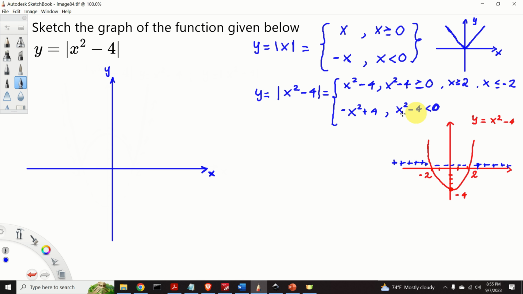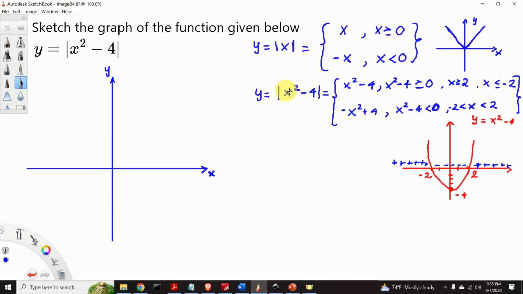Perfect. How about this part? Obviously, over here, the function y is equal to x squared minus 4 is smaller than 0 for x in the interval from minus 2 to 2. Perfect. And this is the definition.